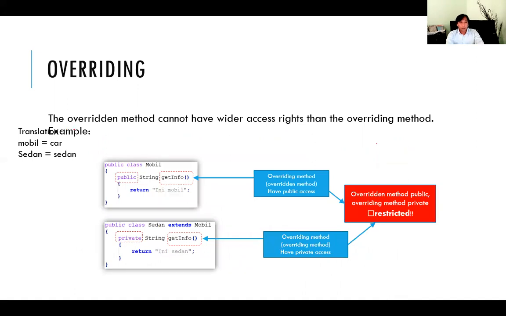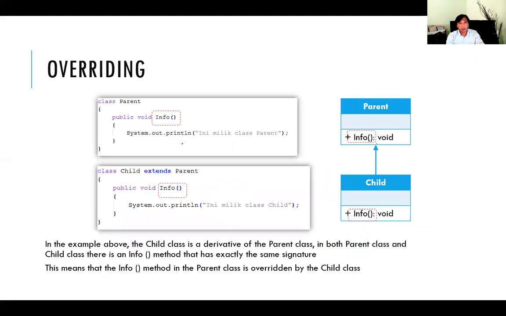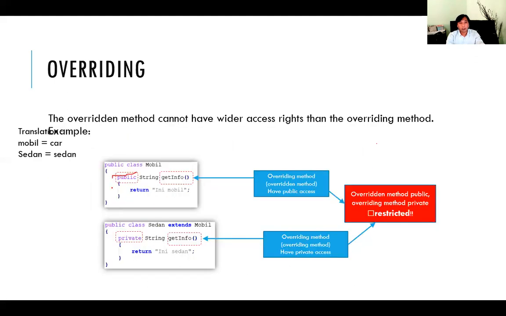Okay, another characteristic that you have to remember is that the overriding method cannot have a narrower access right than the overridden method. It means that if the parent method access modifier is public, you cannot narrow the access modifier to lower than the parent class.